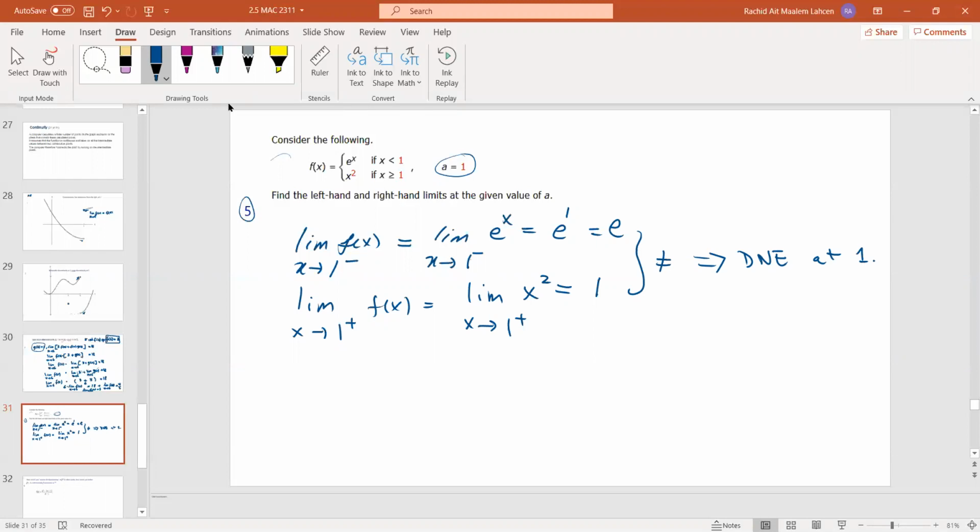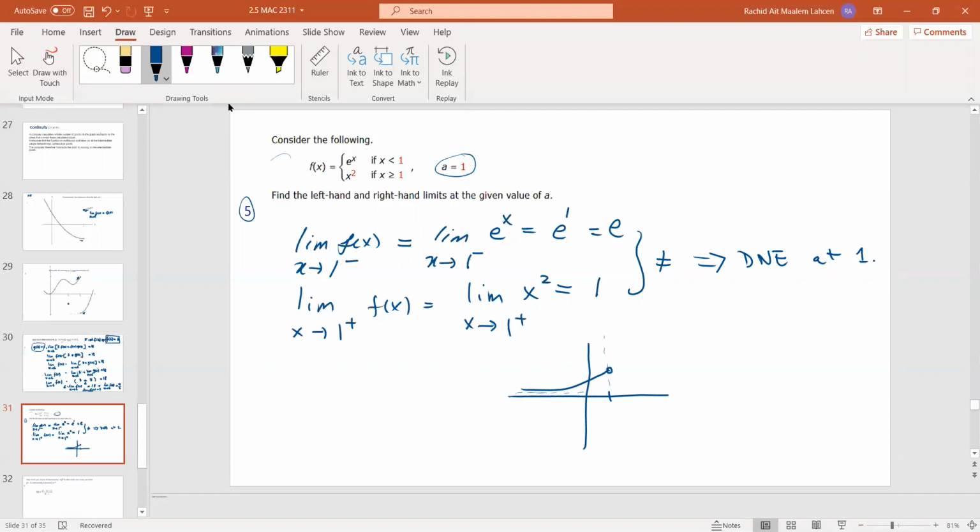And of course, you can graph and see what's going on and make sure from the left-hand side is solid, and from the right-hand side is solid, and from the left-hand side is not. So, you know, your e to the x has this as the asymptote. This is 1, so it's going to go something like this.